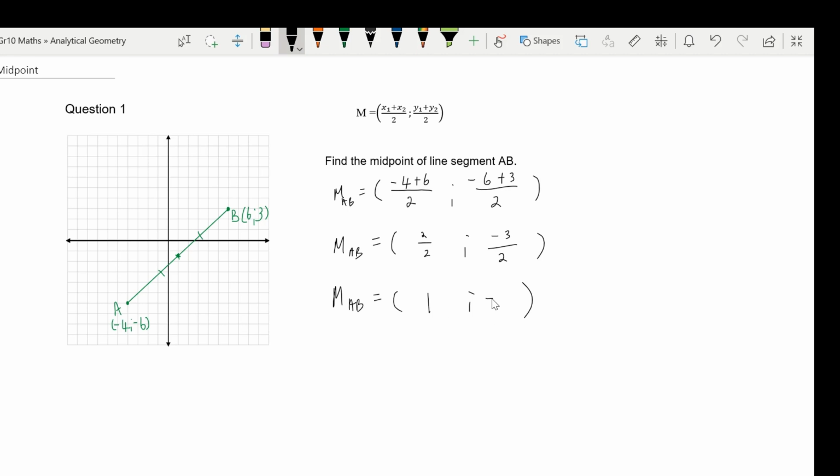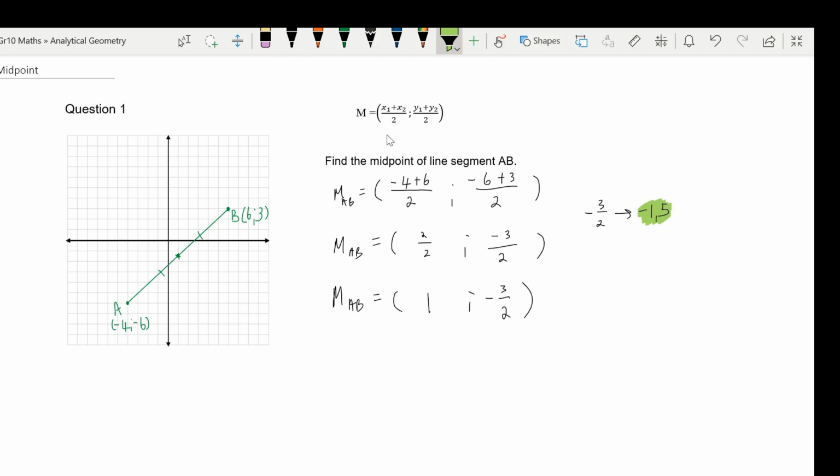And then I'm just going to leave that one as a fraction, but we know that 3 over 2 would just be equal to 1.5. I just like to also write this down somewhere because it makes it easier to plot when you have to go plot it on the Cartesian plane if they ask that of you.